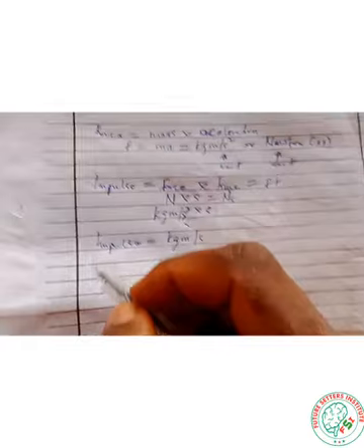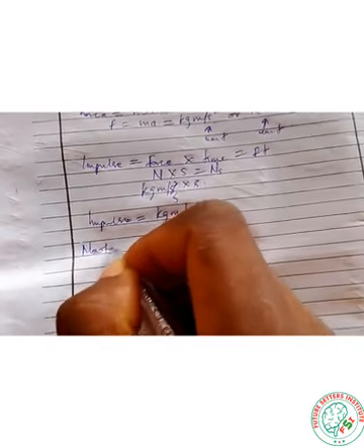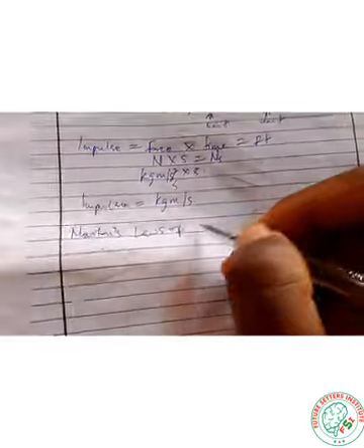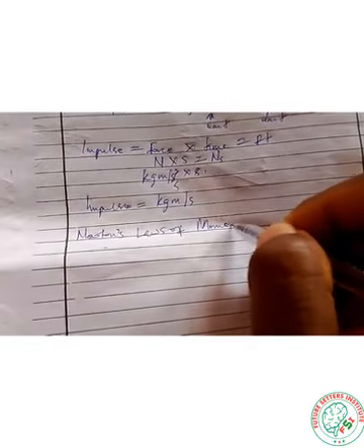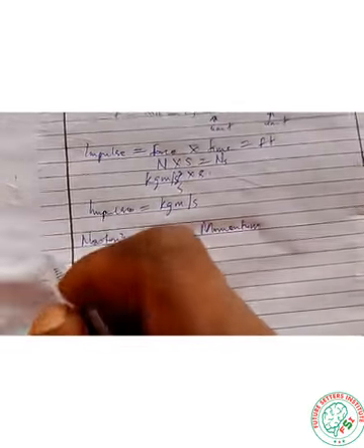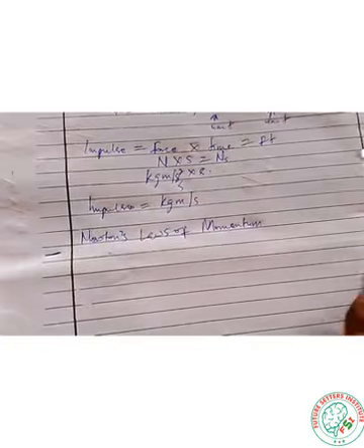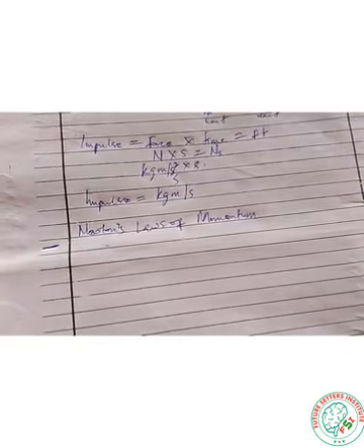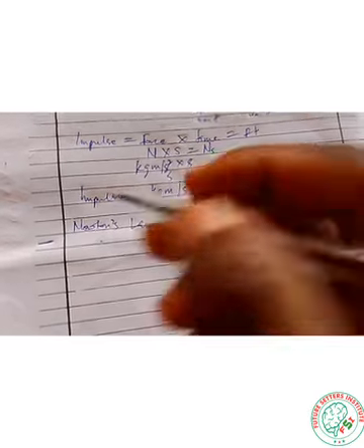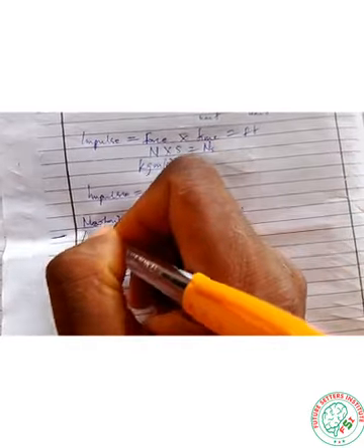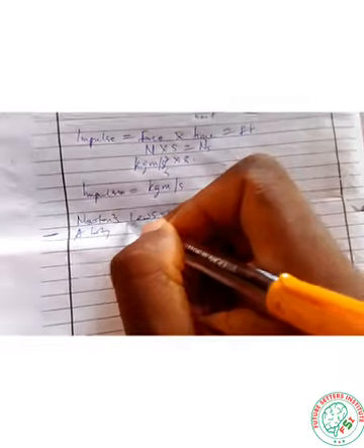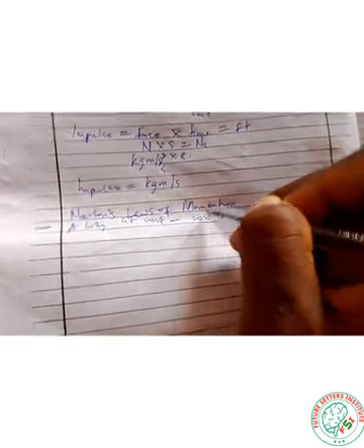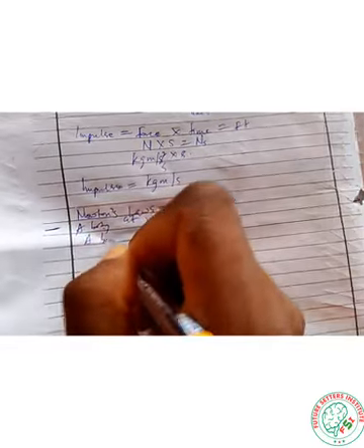So we'll go to Newton's laws of momentum. The first law says that a body at rest will remain at rest, while a body in motion will remain in motion unless it is acted upon by an external force.